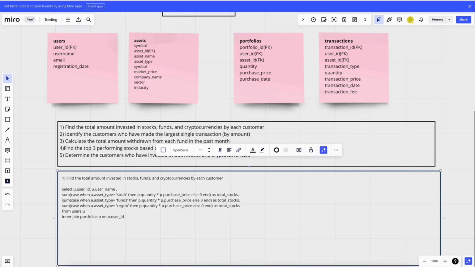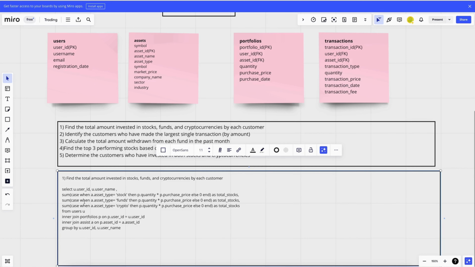P dot user ID is equal to U dot user ID. And I have to do an inner join to the assets table and join the asset ID here and use a group by user ID and username.